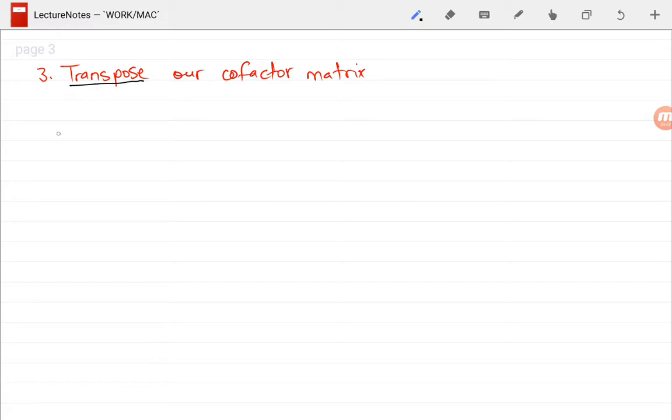So given a matrix, I'm just going to explain what transposing means here. Given a matrix A, the transpose of A, which we're gonna symbolize with A^T there.